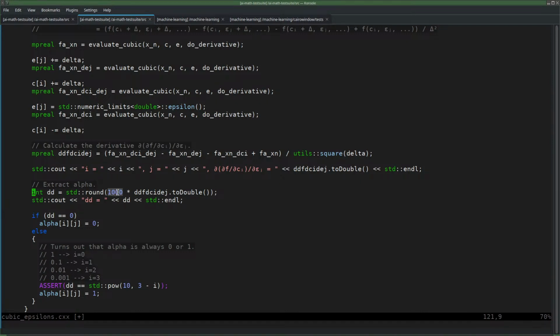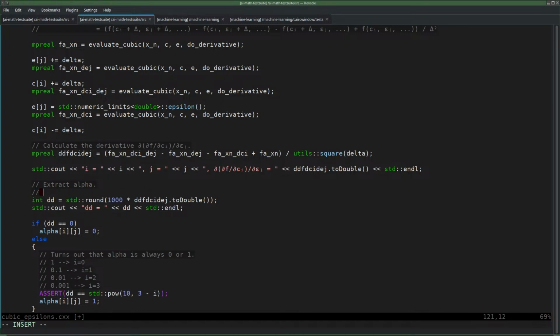So I multiply that with 1000 and you get an integer. 1000 times an integer is still an integer. And then the rounding should definitely get us that. So maybe add a comment here.